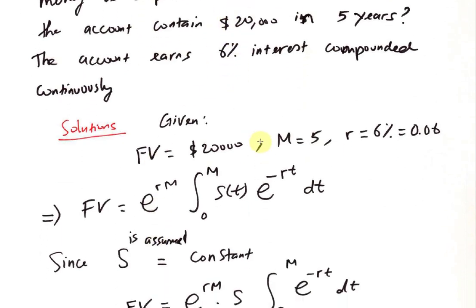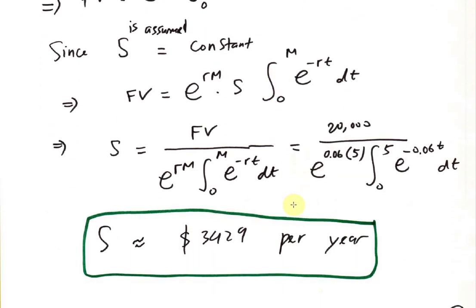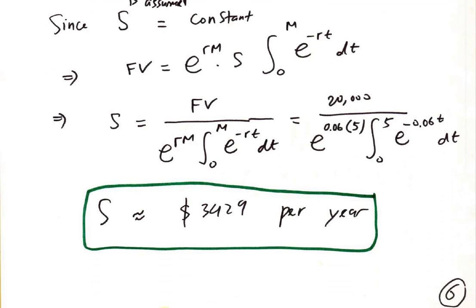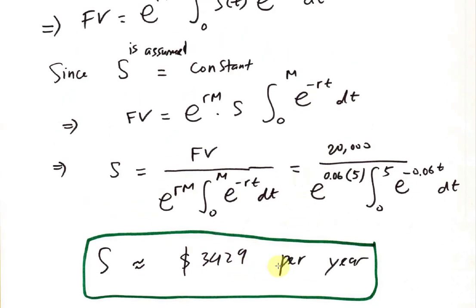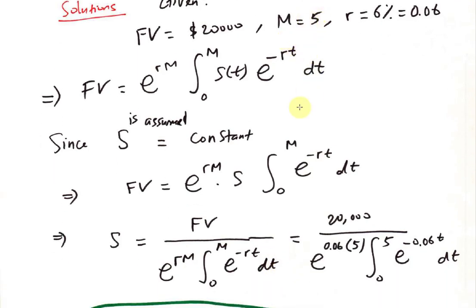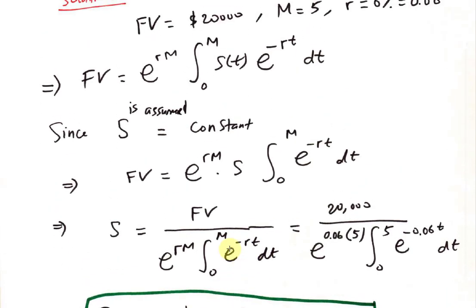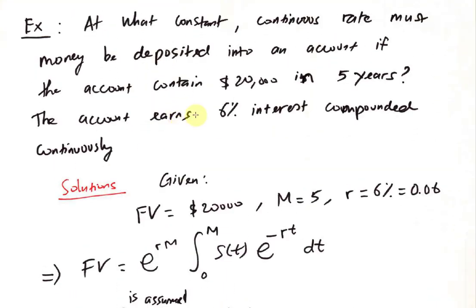If you use the calculator, you can find the integral, multiply that with this factor, and take 20,000 divided by everything. So we got about $3,429 per year. This is the flow of money flowing into the account every year for 5 years, because m is 5. So $3,429 is the continuous rate at which money must be deposited into the account.